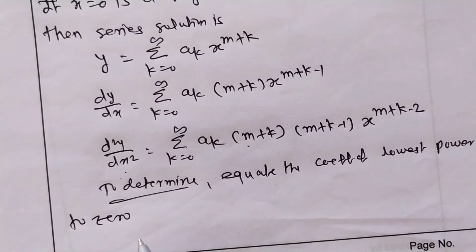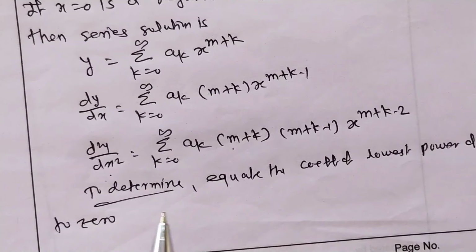So if we equate the coefficient of the lowest power of x to 0, then we will get one quadratic equation in terms of m.